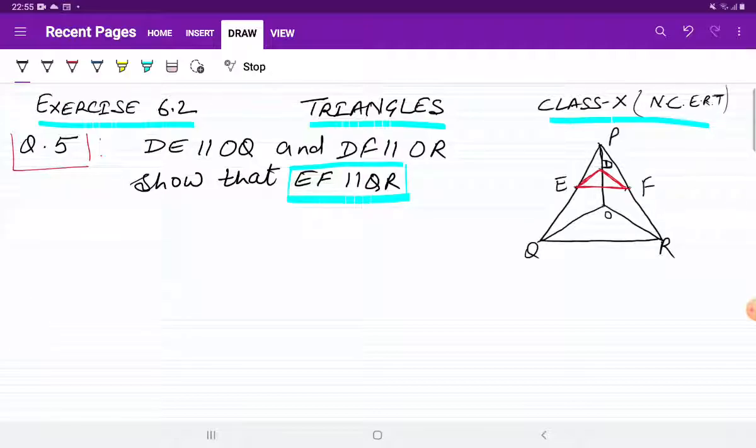Then if the ratio is the same, the sides will be parallel. This is the converse of Thales theorem, which we are going to use here. So come to your solution.